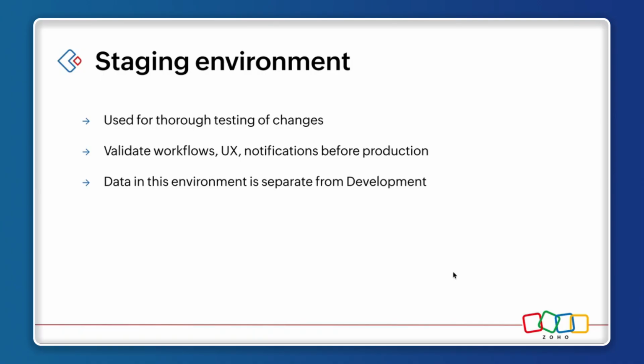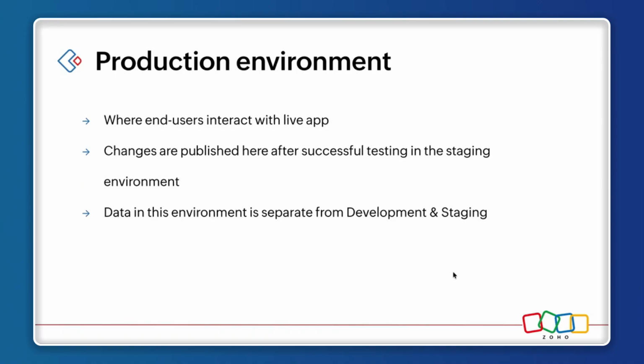And once the testing is completed and you're sure, you'll push the changes from the staging environment to the production environment. This is where the live users will be able to access the application. Changes are published here only after successful testing in the staging environment.